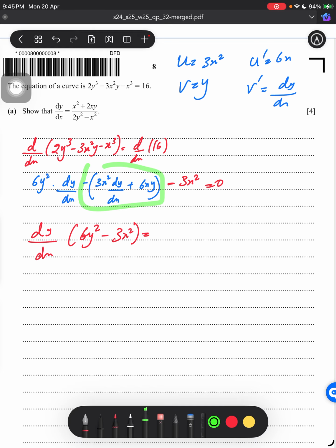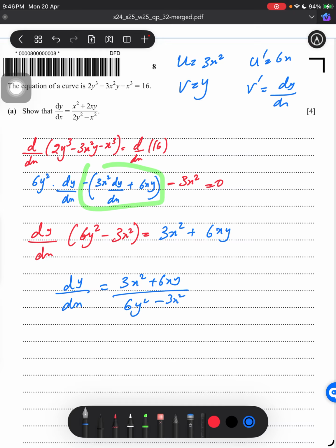So we would have this, and ultimately it's going to give the value that needs to be proved. This would turn out to be x squared.